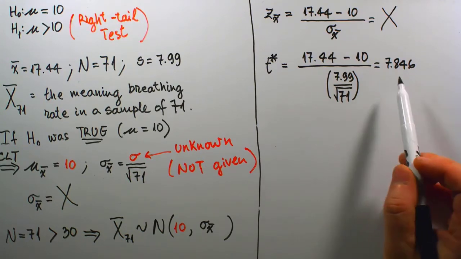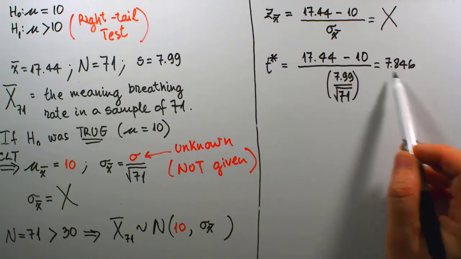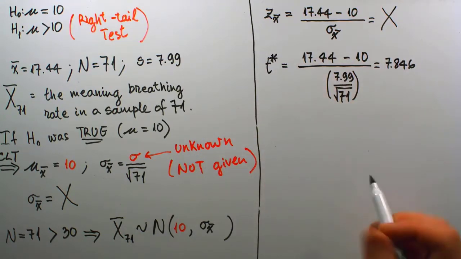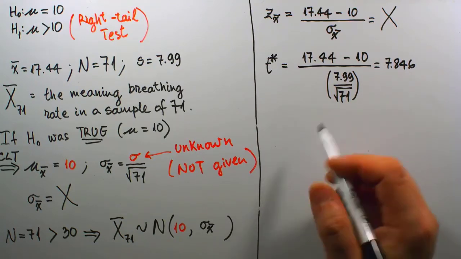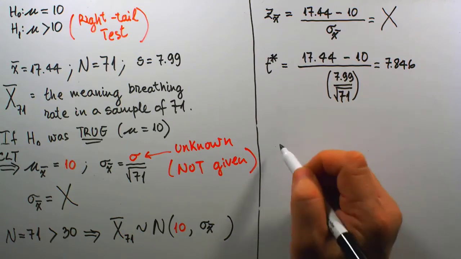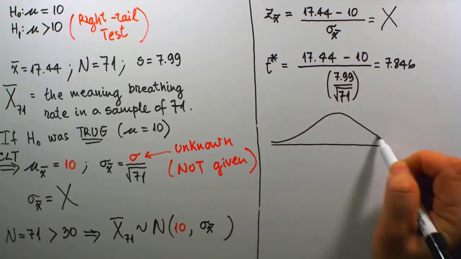And so now, having a T star score which is tentatively close enough to the Z score of our sample, the next step is to calculate the p value for our sample. So now we can imagine that we are on a bell curve.